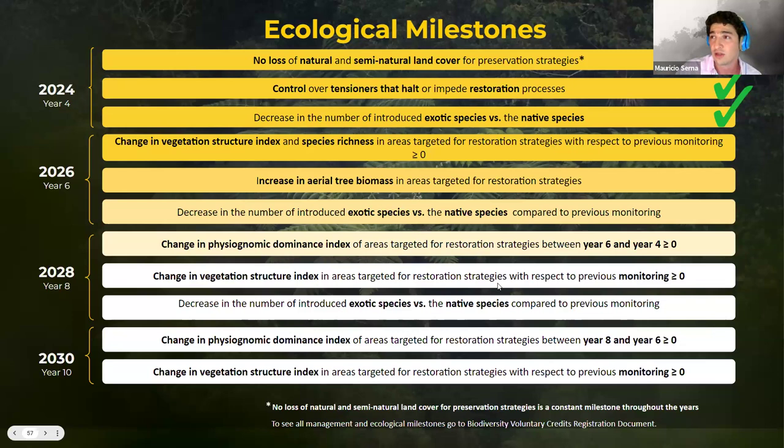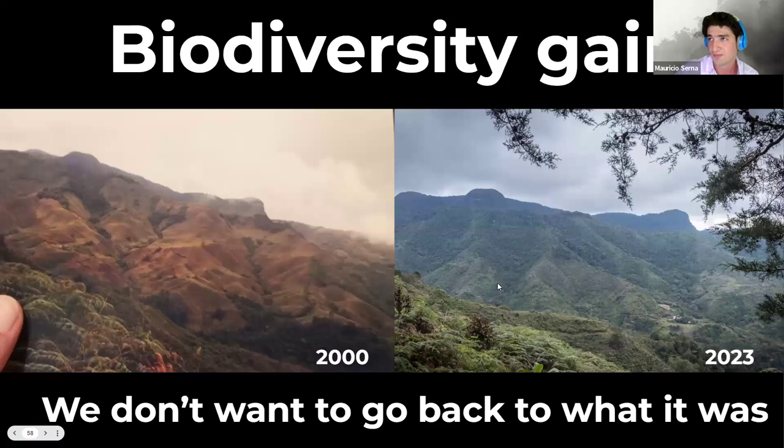So no loss of natural and semi-natural land covers for preservation strategies, control over tensioners that impede restoration process, decrease the number of introduced exotic species versus the native species, and change in the vegetation structure. We haven't accomplished that. So we are still working on these milestones in order for, in 2024, the next tranche of credits to be released into the market.